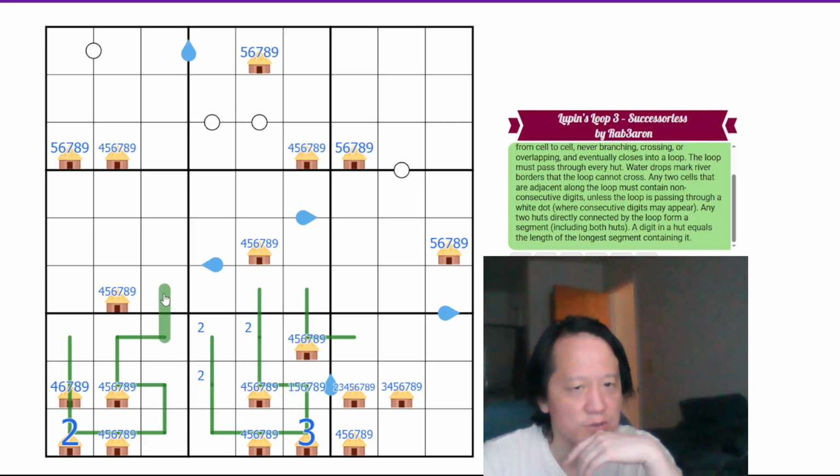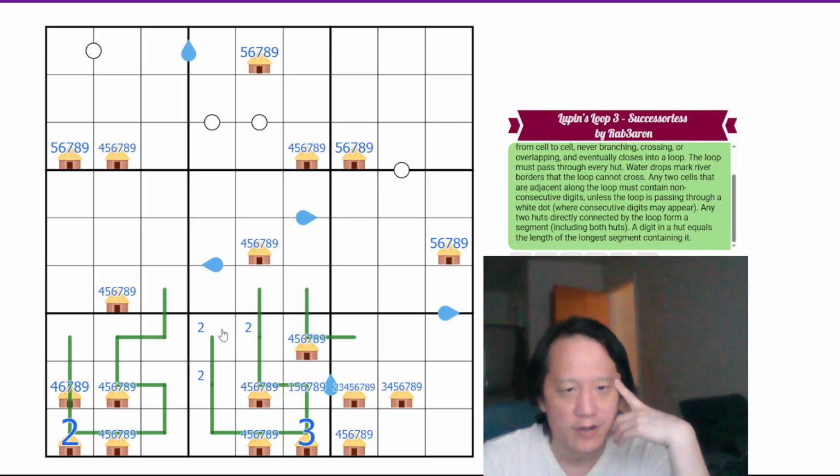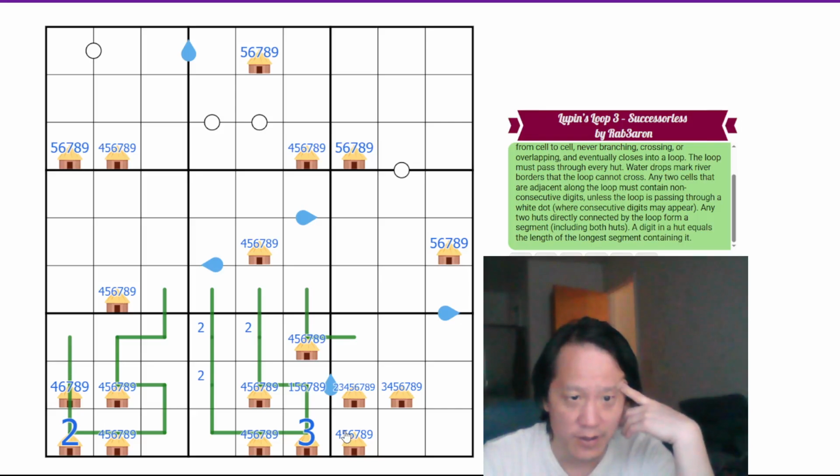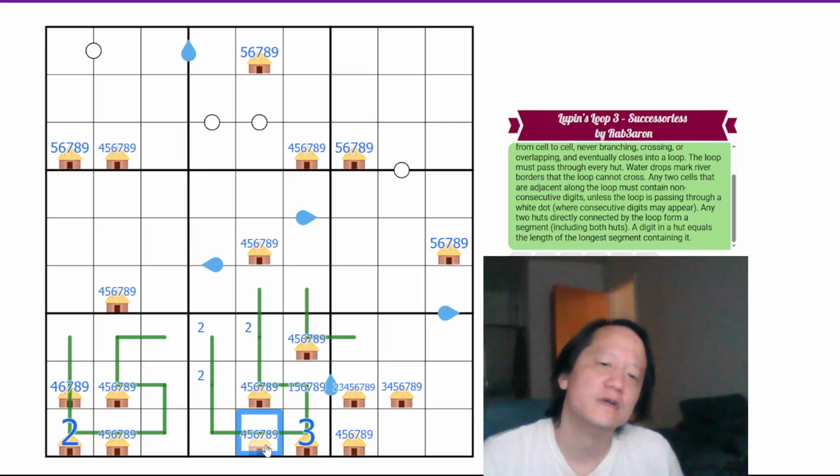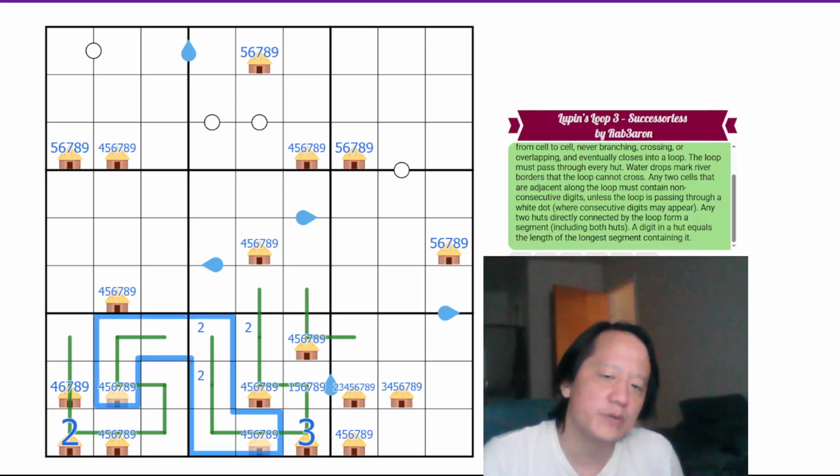So this has to go that way, that way. And then they could connect. Actually, we could connect there. 1, 2, 3, 4, 5, 6, 7, and then they would both be 7. Okay, so that is possible.